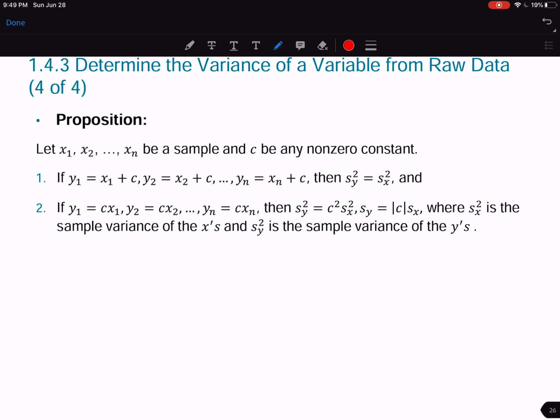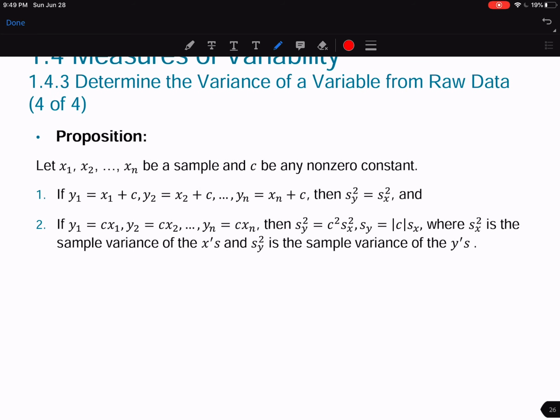The very last part of this section is about the propositions of the standard deviation and variance of a sample. Let x1, x2, up to xn be a sample, and let c be any non-zero constant. If y1 is equal to x1 plus c, y2 is equal to x2 plus c, and so on until yn is equal to xn plus c, then the variance of y is going to be equal to the variance of x.